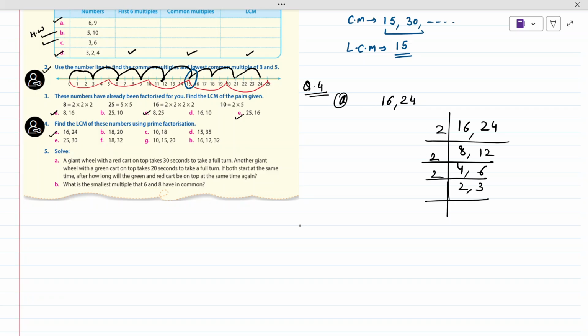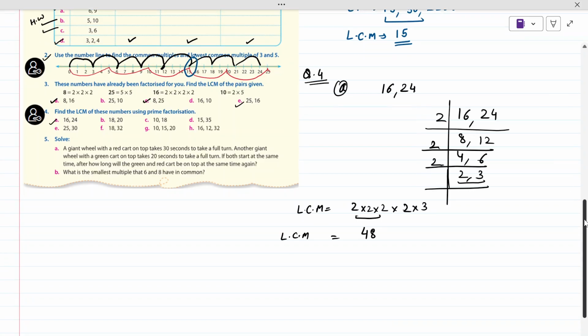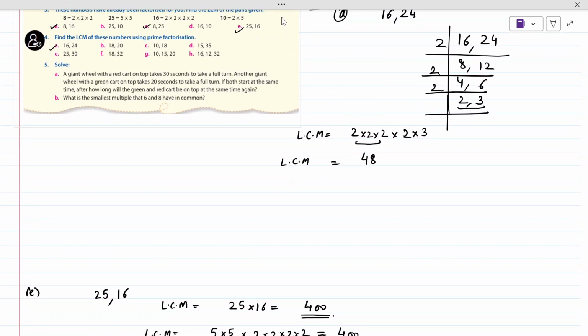So we will write the common factors first, that is 2 into 2 into 2, and the remaining or uncommon ones, that is 2 and 3. So this is 16 into 3, 48. So the LCM is 48 here. Okay, so this is how we have to do this. Now let me erase this.